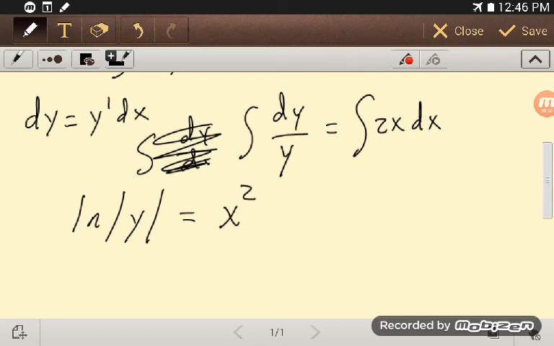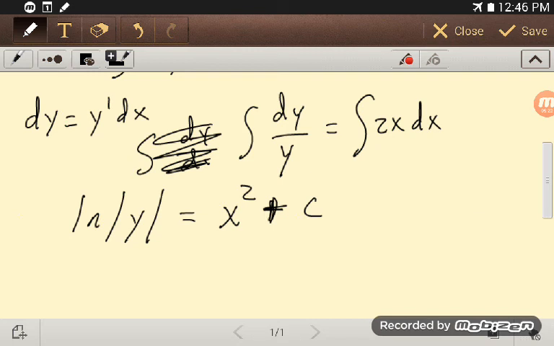Now, on one of these two sides, we need to put an arbitrary constant. It typically is done on the x side because we're trying to solve for y if we can. So what we have now is that the natural log of the absolute value of y is equal to x squared plus c. So there we've solved it.